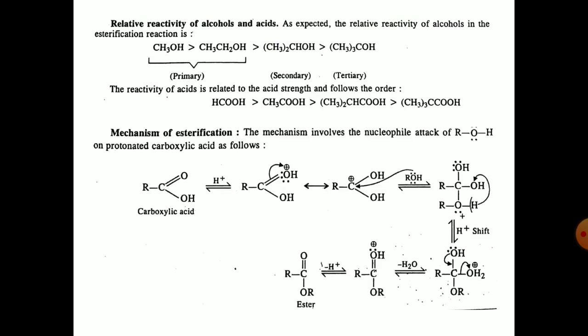Let us come to the mechanism of esterification. The mechanism involves the nucleophilic attack of ROH on the protonated carboxylic acid as follows. Students, carboxylic acid is RC double bond OH. This C double bond O of a carboxylic acid will be protonated with an H plus ion to form RC double bond OH plus, OH.